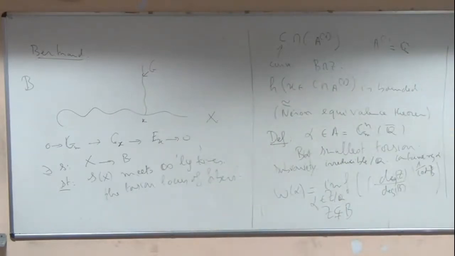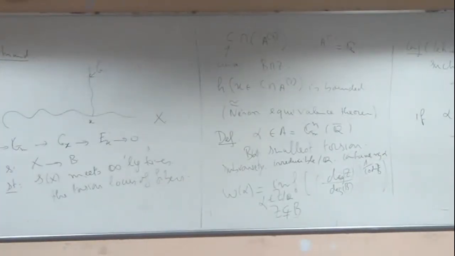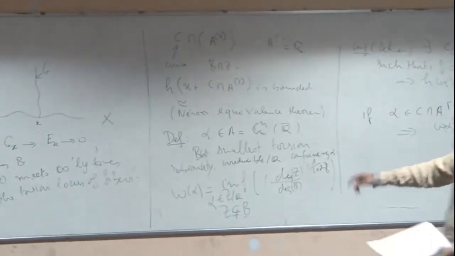In other words, the naive generalization of Manin-Mumford cannot hold. You have to be a bit careful when you are looking at families.